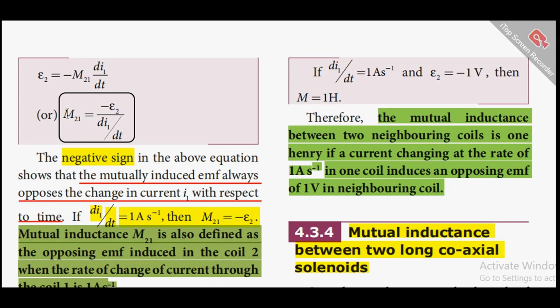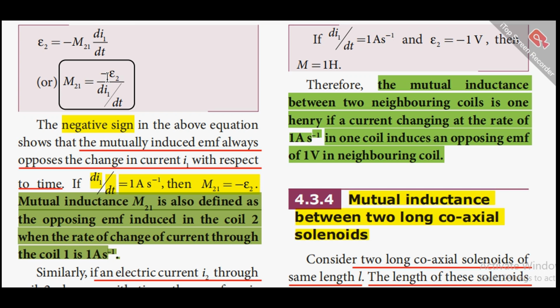Therefore the mutual inductance M21 is given by minus E2 by dI1 by dt. The negative sign in the above equation shows that the mutually induced EMF always opposes the change in current I1 with respect to time.